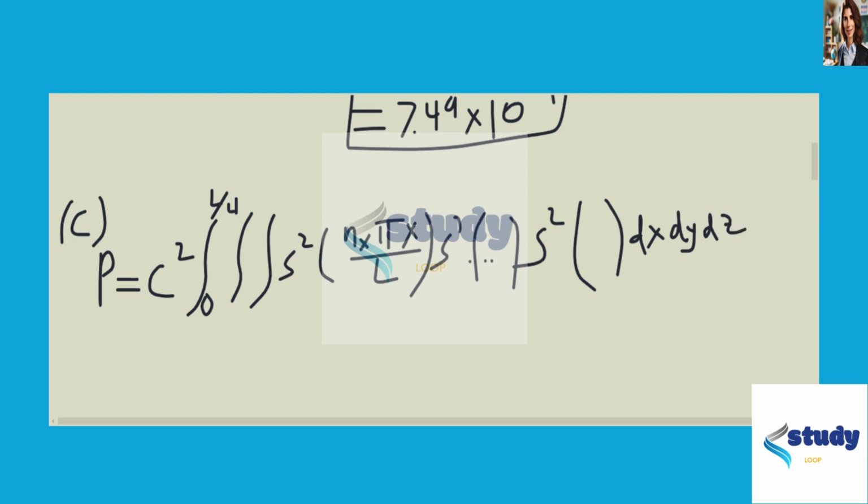Now carrying out the integral, we get the exact same form for nx, ny, and nz.